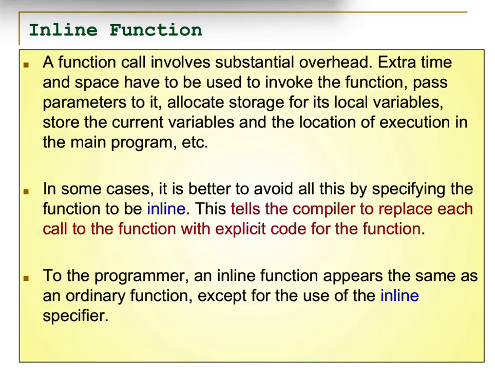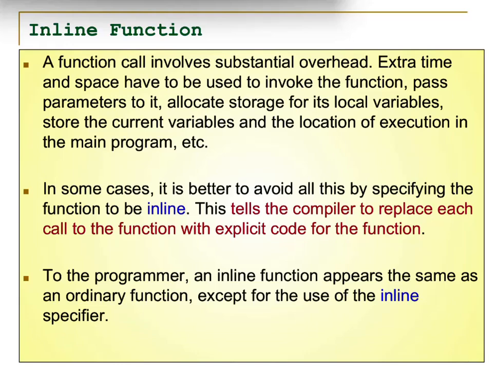That's the idea behind an inline function. When you mark a function as inline, you're telling the compiler, instead of doing the whole go-to-another-room routine every time I call this function, just take the code inside this function and put it right here in my main program where I'm calling it.